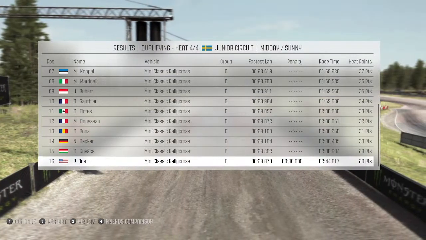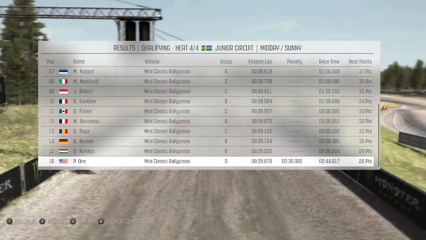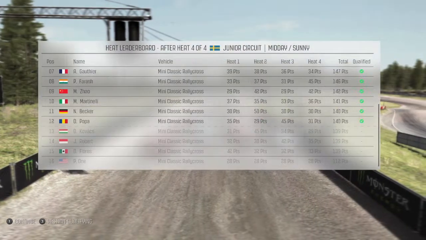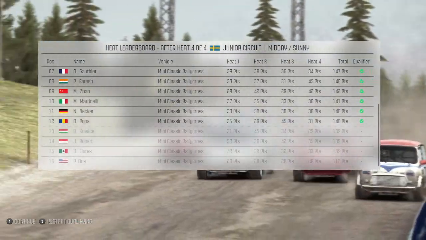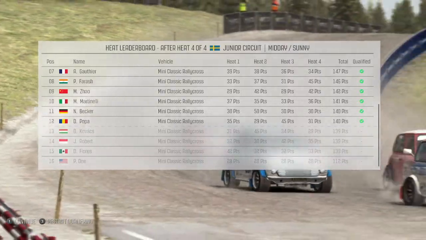Jeez. So that was probably more like a 215. Unlock and upgrade.